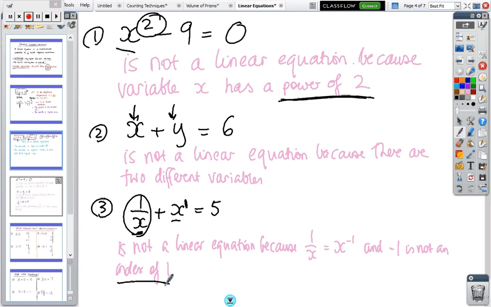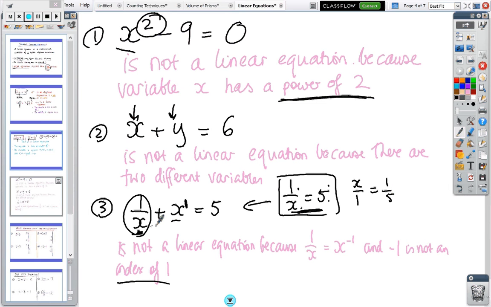If I had 1 over x equals 5, that actually is a linear equation because I could turn both things upside down. So x over 1 equals 1 over 5. This one is not the same as that because I have the variable appearing twice. So this one here, you can actually turn into a linear equation. Copy, and when you're ready, come across.